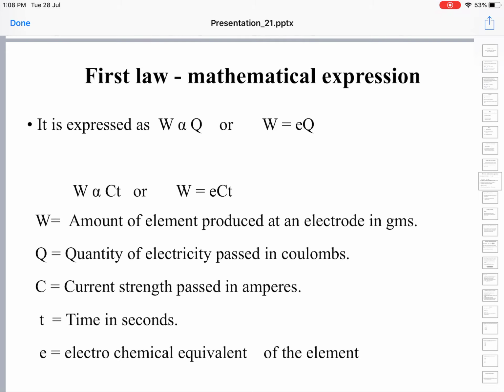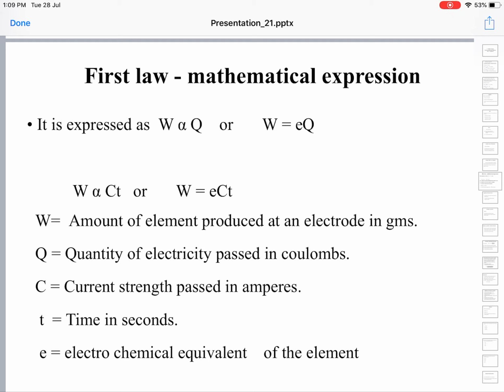Small e is the electrochemical equivalent. This is a constant for a given element, and it varies from one element to another. For example, zinc may have one value, copper may have a different value, silver may have a different value, but wherever you take silver, its electrochemical equivalent will be constant.